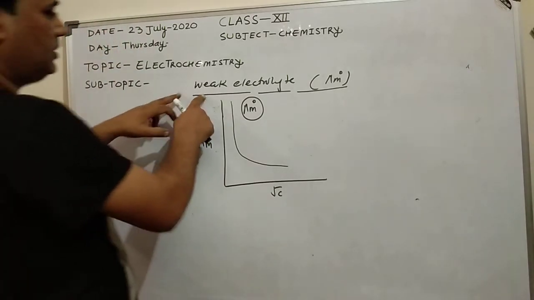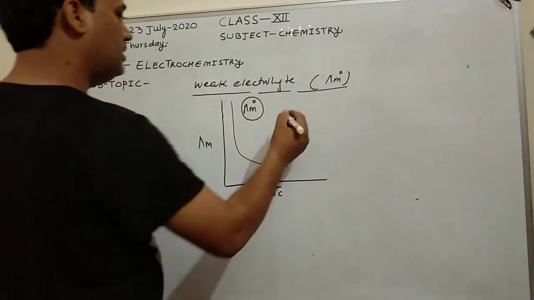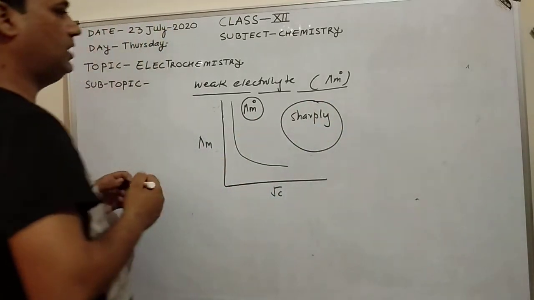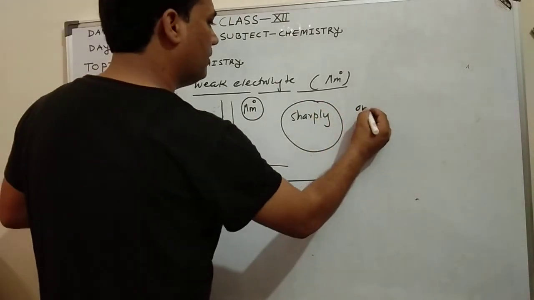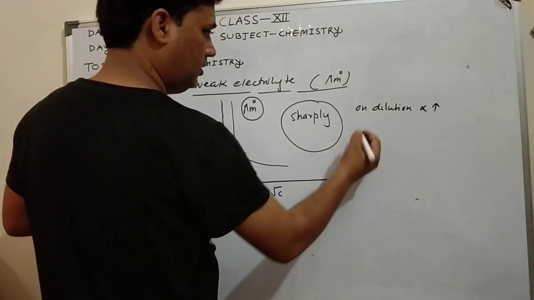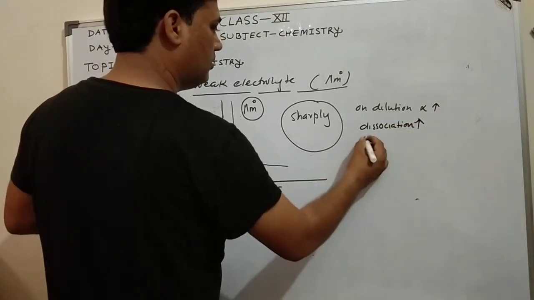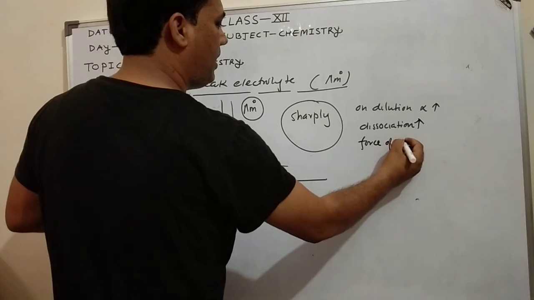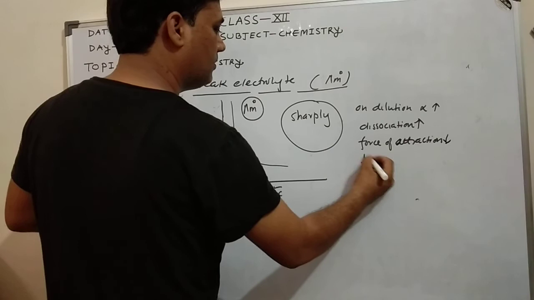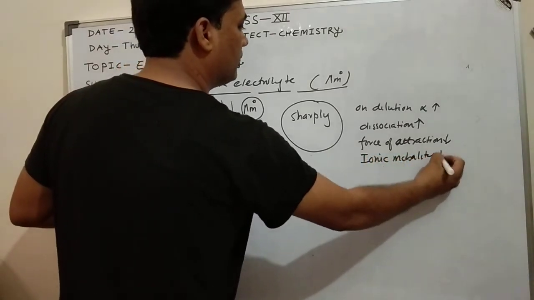So in case of weak electrolyte, lambda m increases sharply, because on dilution alpha increases, dissociation increases, force of attraction decreases, ionic mobility increases.